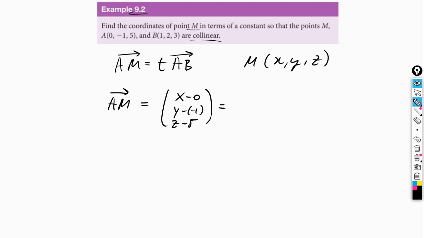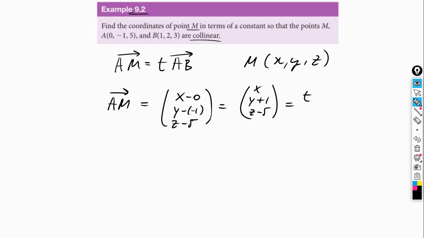And this is the same as (x, y plus 1, z minus 5). But this is equal to t times vector AB.